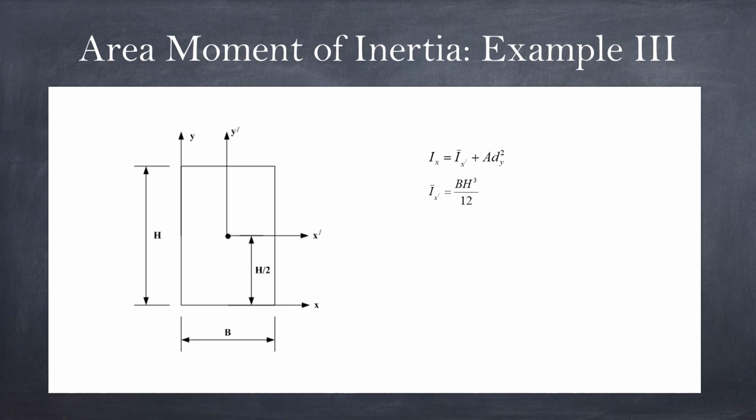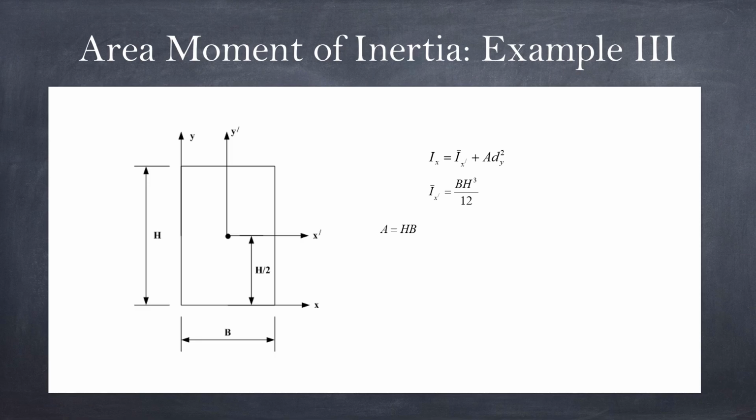So we have these two equations to start off with, and let's see the distance, right? So this is x prime and y prime, that is the centroid, which is the middle, right? So that means Ix bar prime is about the x prime axis, and now we want to find Ix, right? And of course, the distance is h over 2. Again, this is Ix, the distance measured in the y direction. So here we are. We also know the total area is h times b, right?